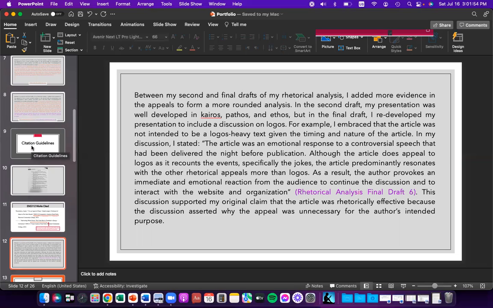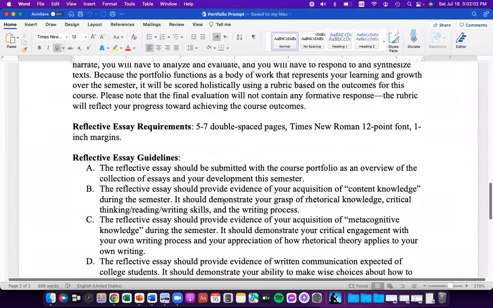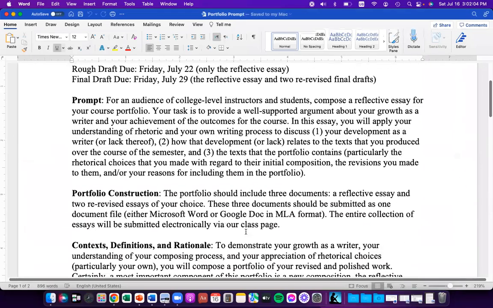Okay, guys, that is all that I have for you, but just a quick recap. And let me pull back up the prompt here. Your very last assignment that you're doing for me is the portfolio. With the portfolio, you will be submitting 3 documents.